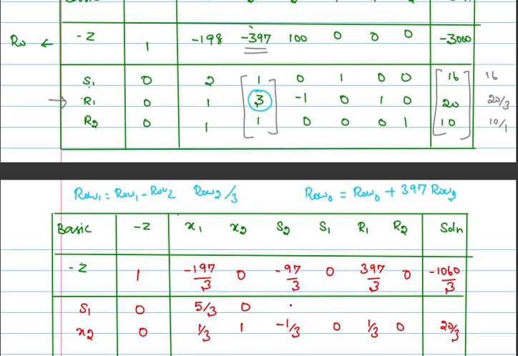Here is 0, here plus 1 by 3, here you will get 1, here minus 1 by 3, here 0, 16 minus 25 by 3, you will get 28 divided by 3.